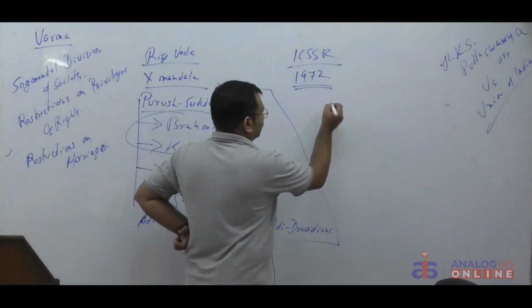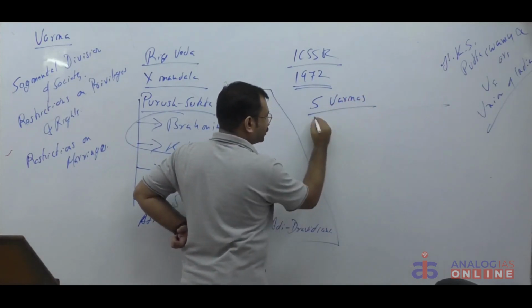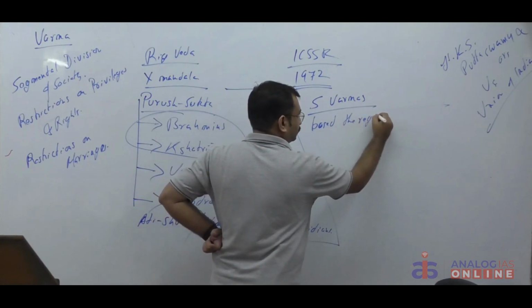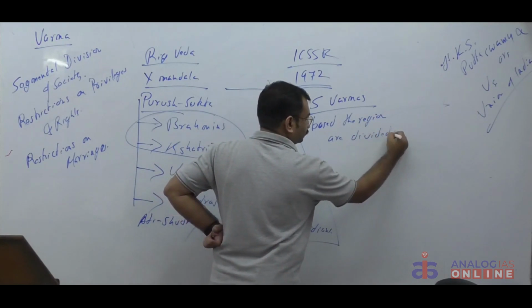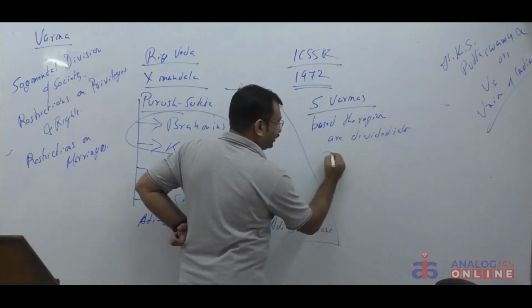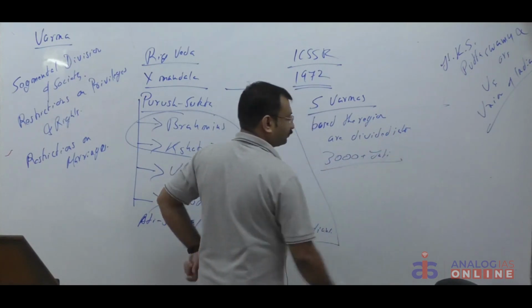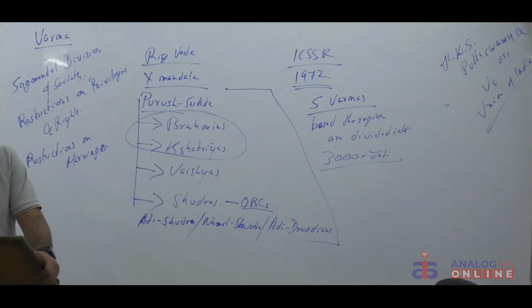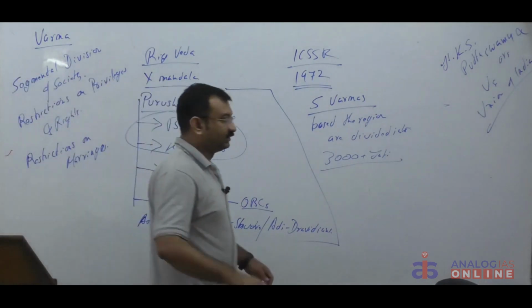They told us that these five varnas, based on the region, are divided into 3,000 plus jatis. Some call this subcaste. Total number 3,000 plus. That means, if I have to look at it, the society is more like this.